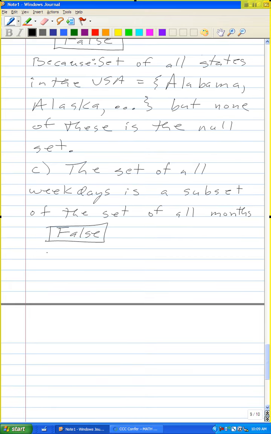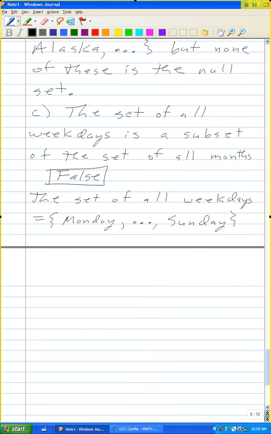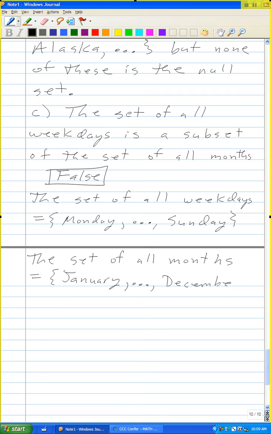If you look at the set of all weekdays, this is like Monday, Sunday, etc. The set of all months is January, etc. Monday, etc. are not months, so Monday is not part of the list of January, February.